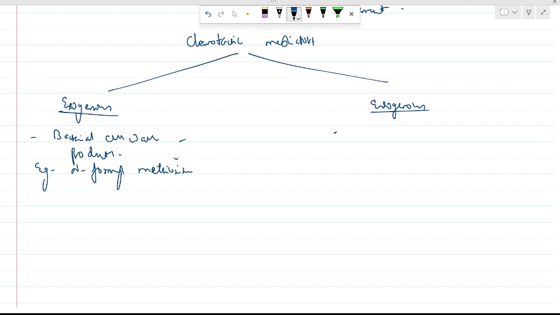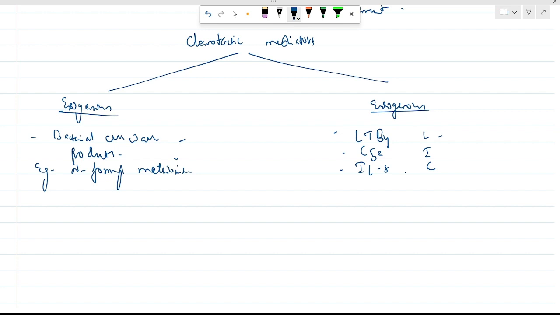There is endogenous, formed inside the body. There are three, remember: LTB4, leukotriene B4. Then there is C5A, complement system C5A, and interleukin 8. You can remember this as LCI or LIC if you can choose.